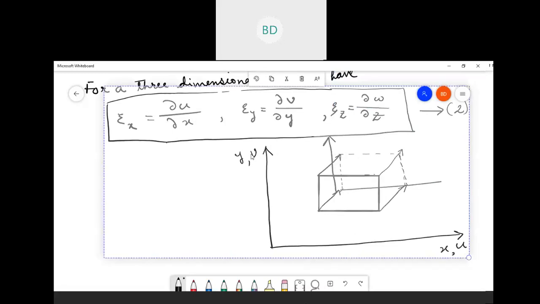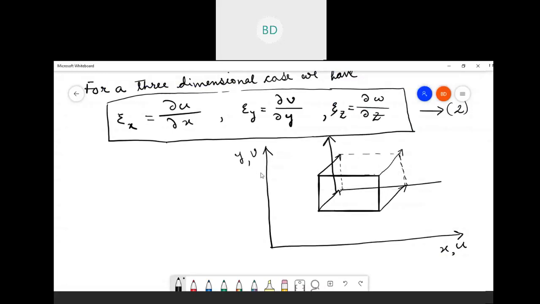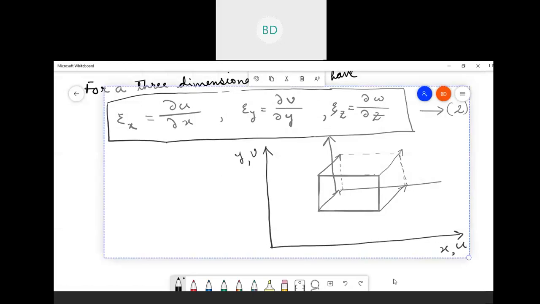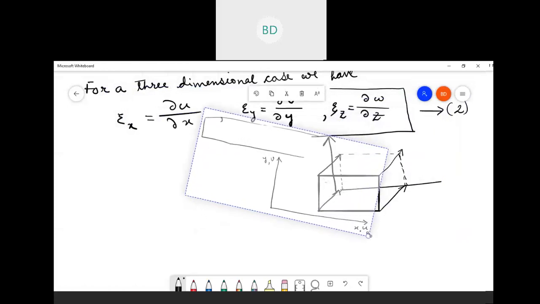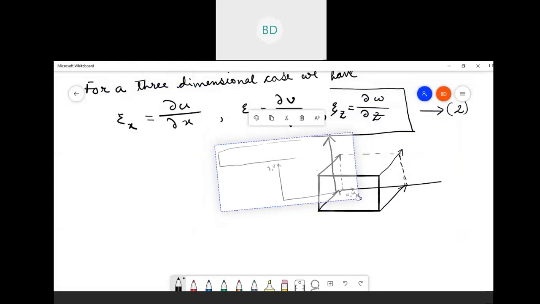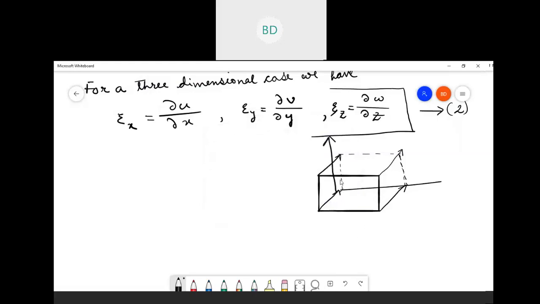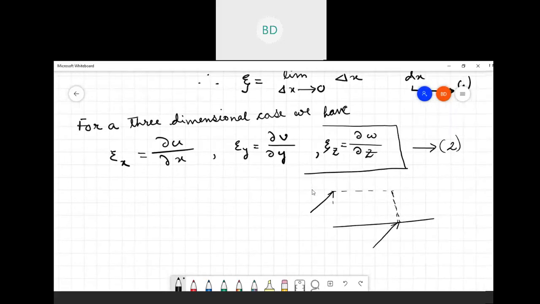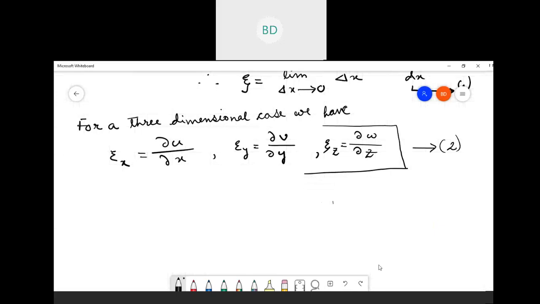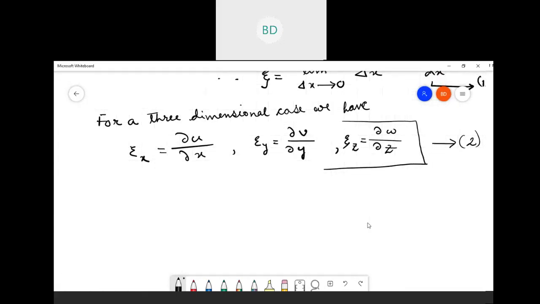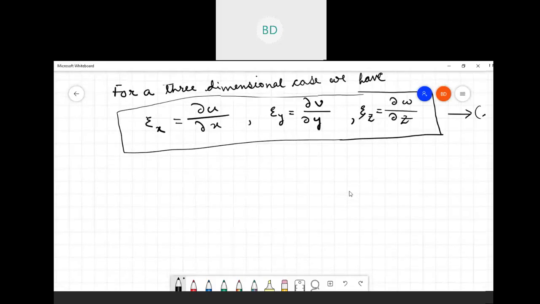You don't have to draw this. That figure I will send you as a photo. A little bit complicated.